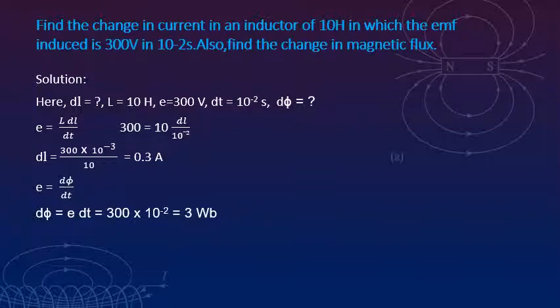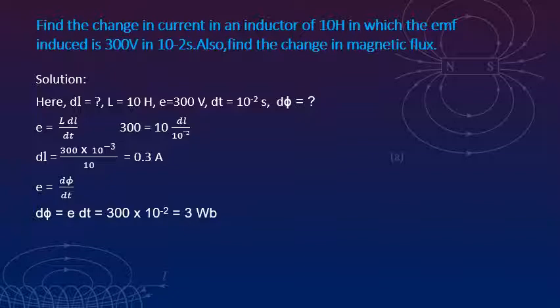The next question is, find the change in current in an inductor of 10 Henry in which the EMF induced is 300 volt in 10 raised to minus 2 seconds. Also, find the change in magnetic flux.